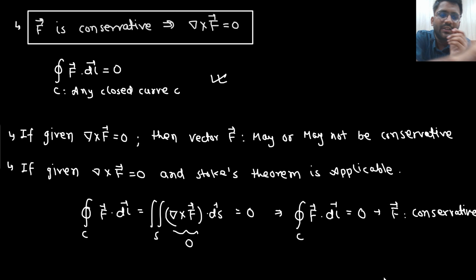If field f is conservative, then del cross f will be 0. Curl of f will be 0. Is that statement correct? Yes. If field is conservative, then surely your curl of f will be 0. Statement correct. Next, if del cross f is 0, then field will be surely conservative. Is that correct? No. If del cross f is 0 and Stokes theorem is applicable, then the field will always be conservative. Yes. These are the statements.